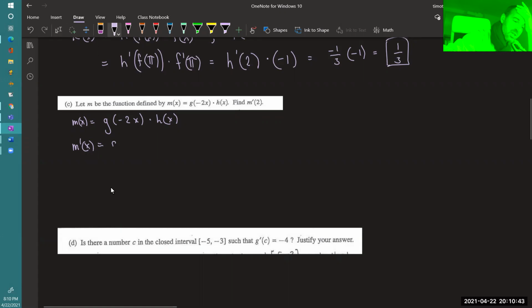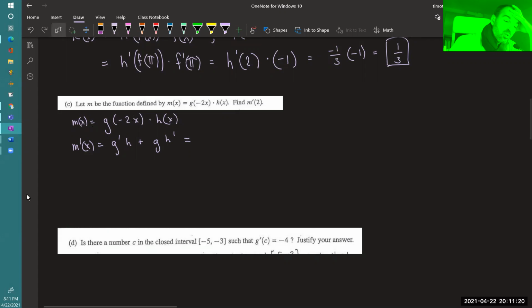So again, this is just going to be g prime h plus g h prime, okay? Well, g prime is just going to be, now don't forget, look, there's an entire function in here. So this is going to be a chain rule. So when I figure out g prime, well, just g prime, note that there's a whole function here.